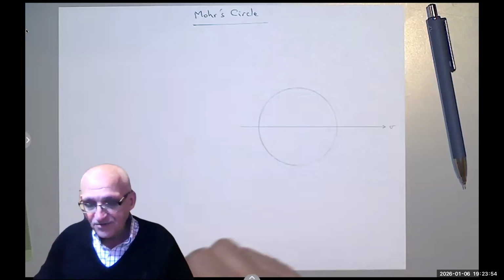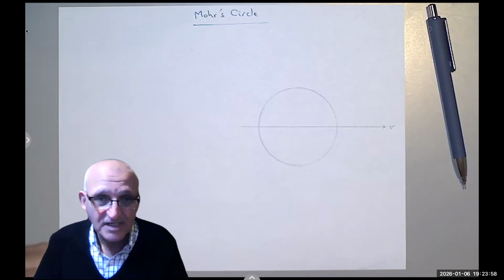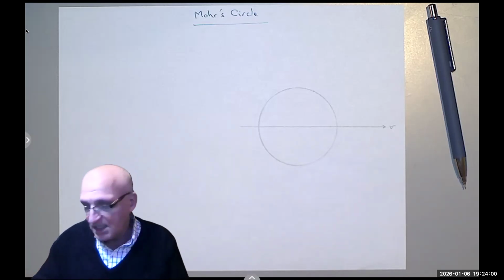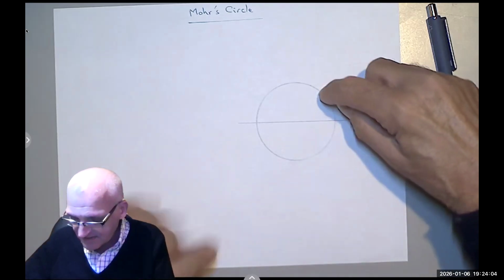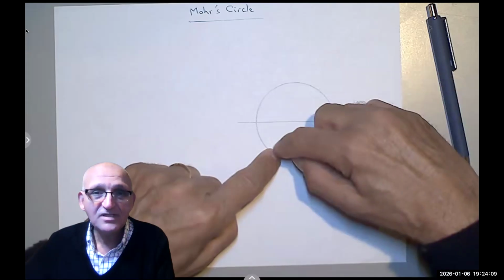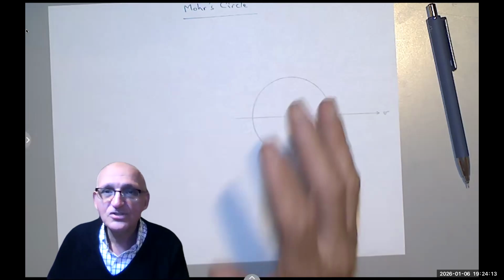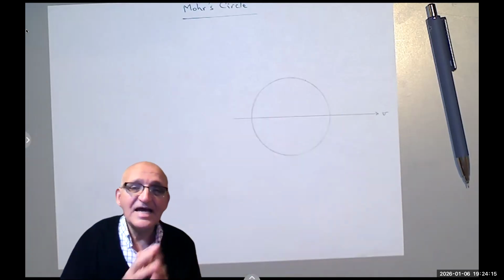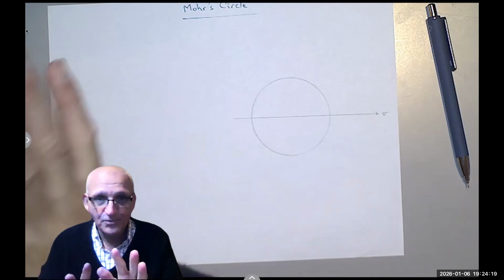Meaning, in real life, the x and the y are normal to each other, perpendicular to each other, or orthogonal. However, on Mohr circles, they make an angle of 180. If this is the x, the opposite side would be the y, and the angle between them is 180, which tells you that the angles in Mohr circle are twice their actual value in real life. So this is important to understand.